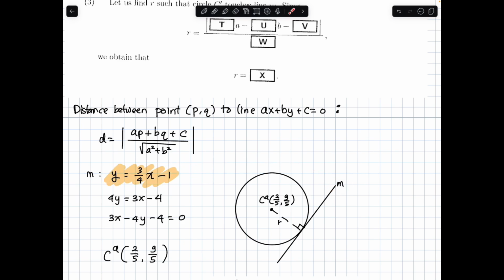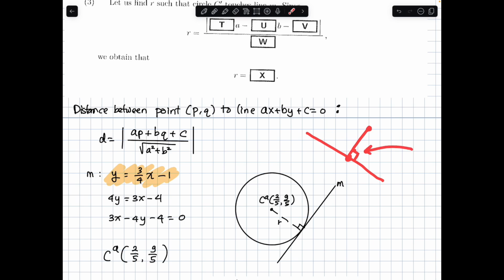To find the radius here, we can use what we call finding the distance between a point and a line. If we have the point here and the line here, the distance between the point and the line is here. You have to draw the perpendicular line here.